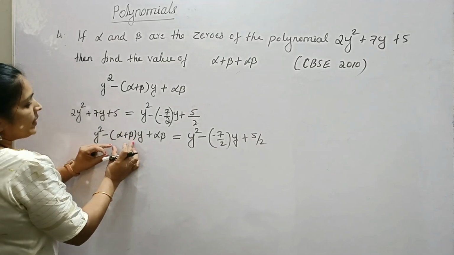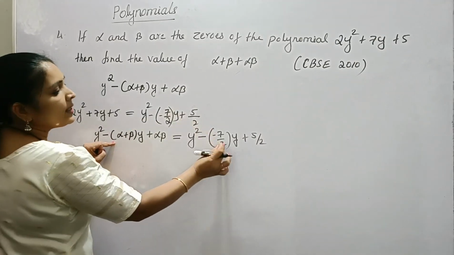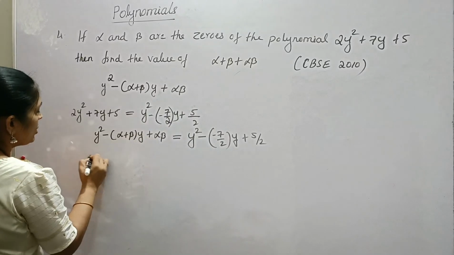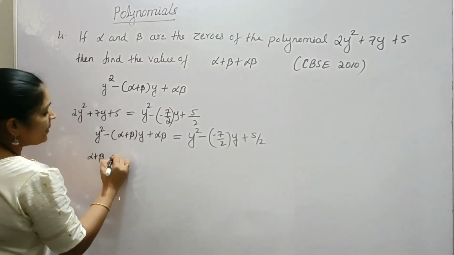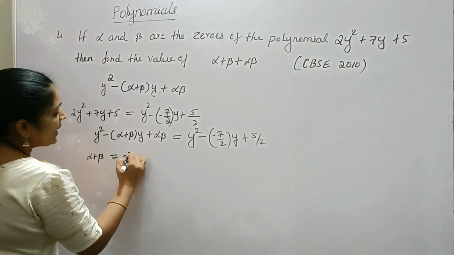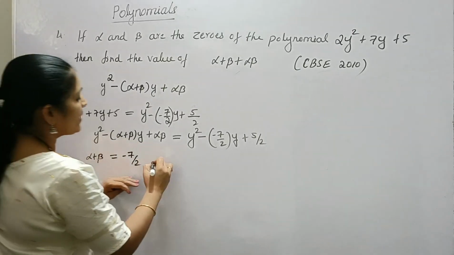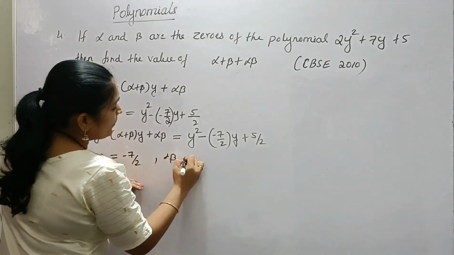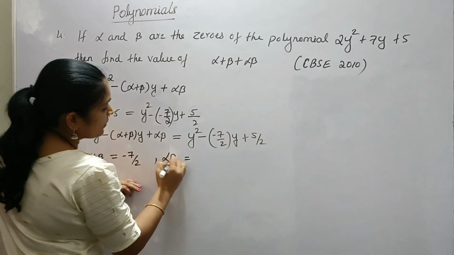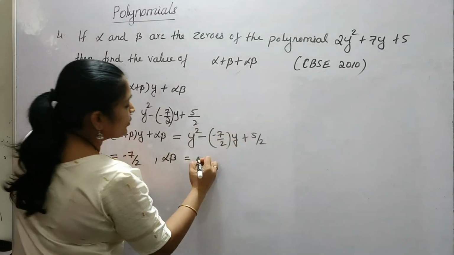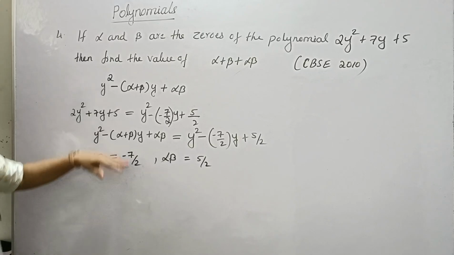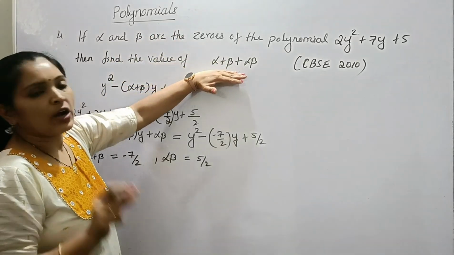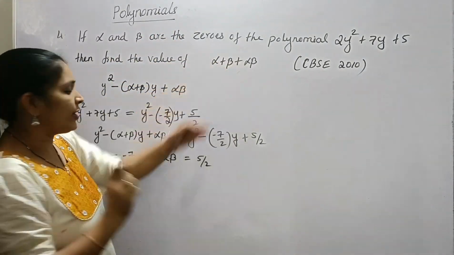Here, what is alpha plus beta? That is minus 7 by 2. So on comparing both sides, we get alpha plus beta is equal to minus 7 by 2 and alpha into beta is equal to 5 by 2. Okay. Now, what we have to find? We need to find the value of alpha plus beta plus alpha into beta.